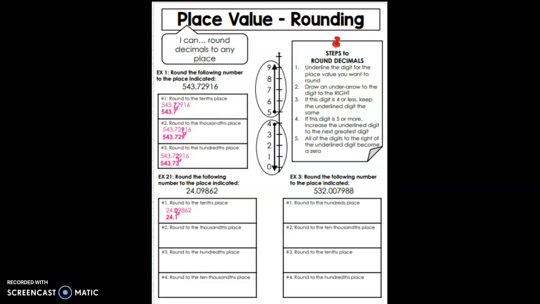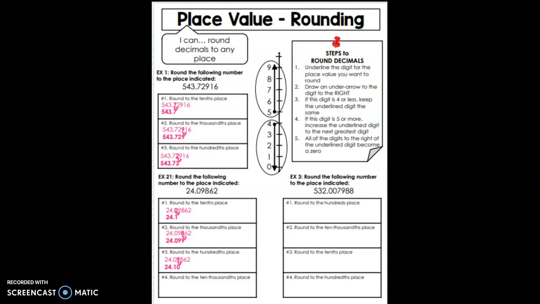Because 6 is larger than 5, we are going to round the 8 up to 9. The hundredths place, we are rounding the 9, but we're looking at the 8. Since 8 is larger than 5, 9 goes up 1 digit, which means it becomes a 10. Our answer will be 24 and 1/10.